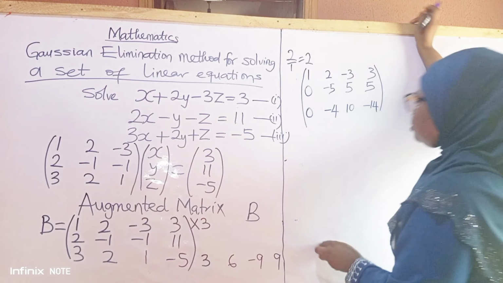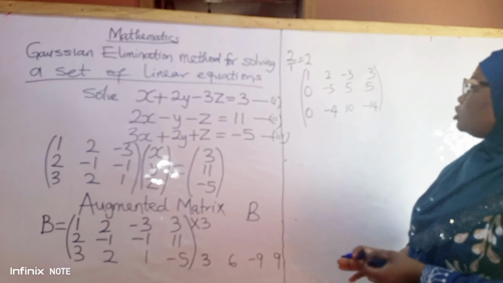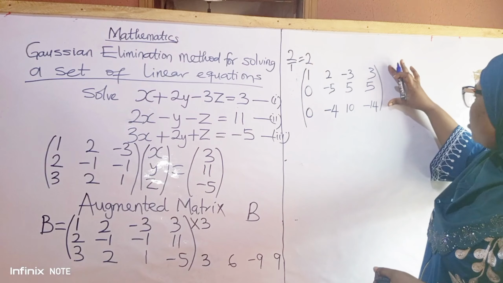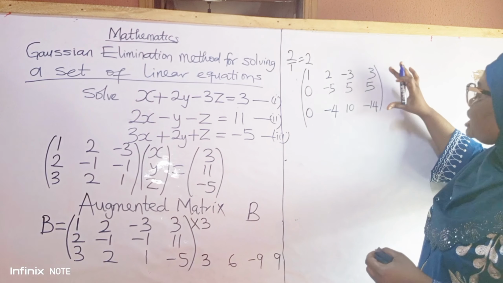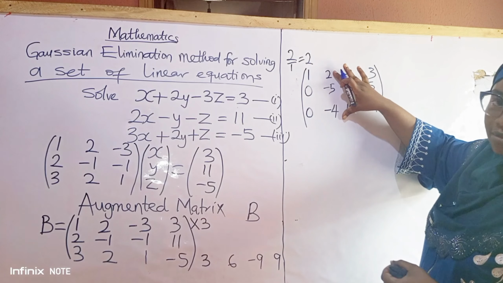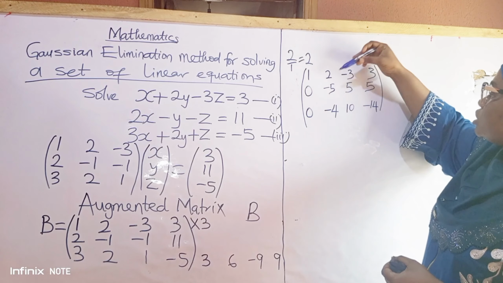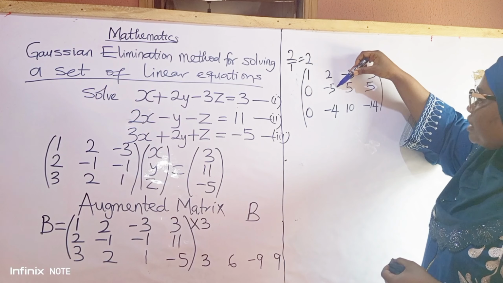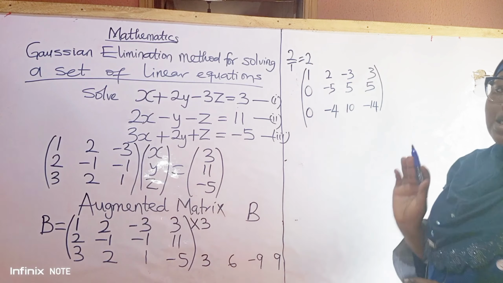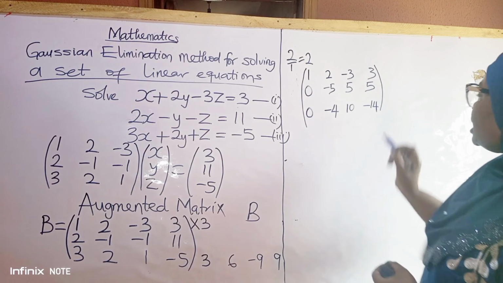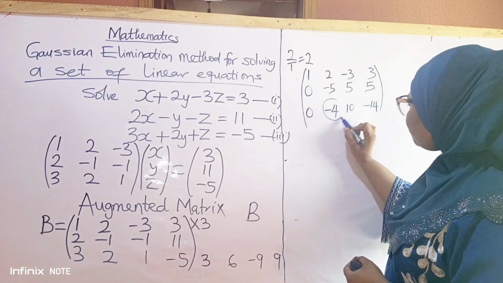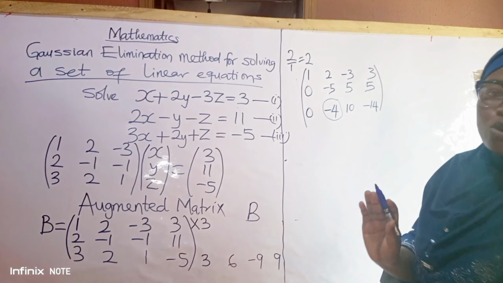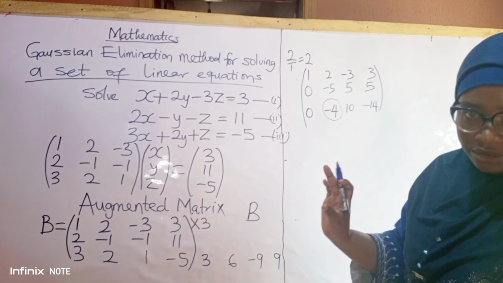But we're not through. Now we go to this new matrix and go to the second column there. This is 2, minus 5 and minus 4. That is the second column. The last element of the second column of the new matrix, we want to make it 0.